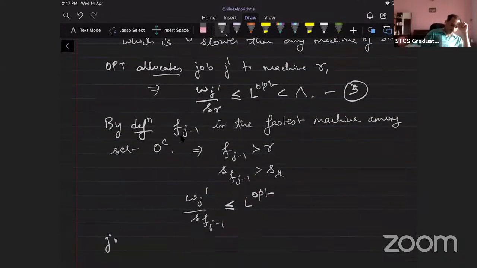A job j' is among the first j minus 1 jobs.